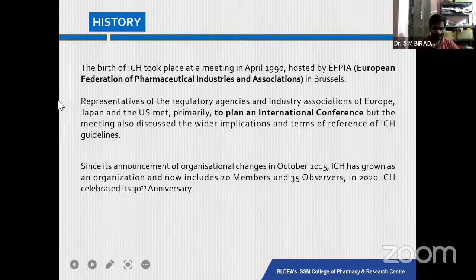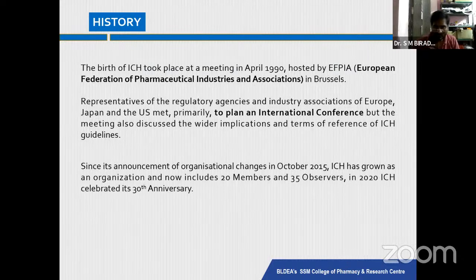Since 1990 it has slowly developed into an organization. Earlier it was only a conference, then they made it into a council, and now currently it has been made into an organization. In October 2015, ICH grew as an organization, and now it includes around 20 members and 35 observers from different parts of the world.